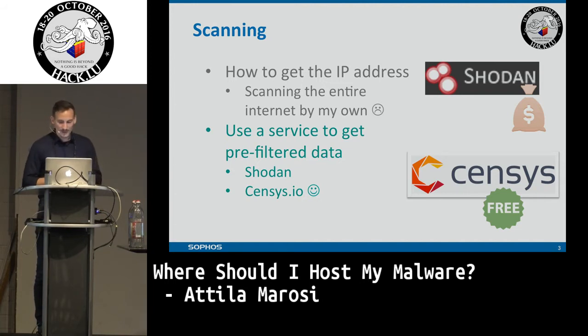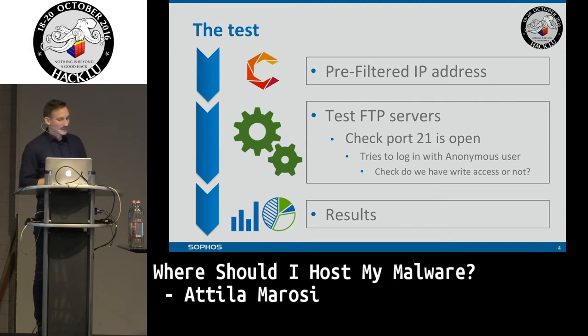So in this research and in ordinary days, I use Censys to get a good hint about the device and the IP address. So how could a process look like that gets prefiltered data from one of the services? As I mentioned, I use Censys. Then do the test.